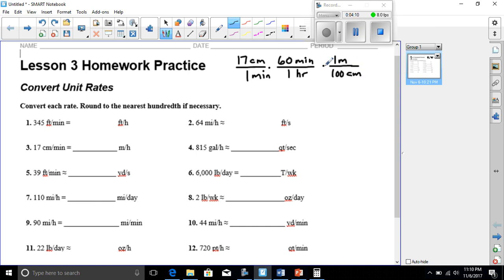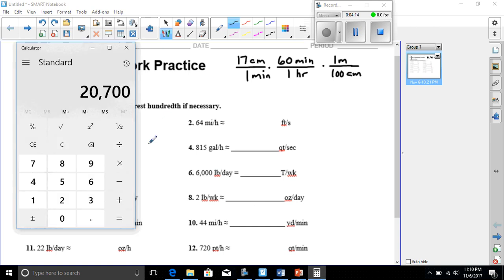And now we just multiply across. We take our calculator: 17 times 60 times 1, which is the same number, of course, and then divide that by 100. That's going to give us 10.2.